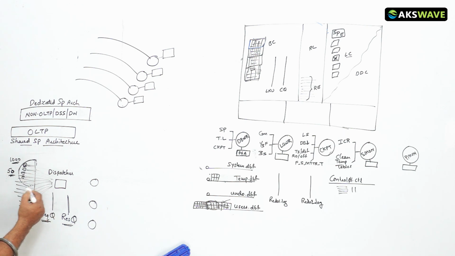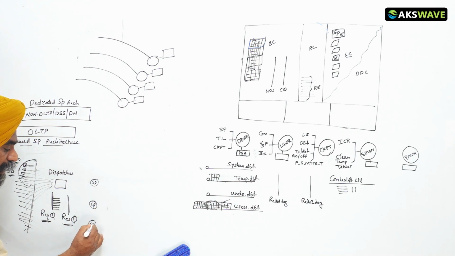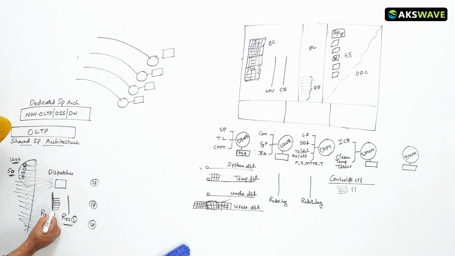All the request whatever coming in, dispatcher job is to simply just keep it here in which queue? Request queue. It is going to just record those requests into the request queue. Now the server processes, whenever they are idle, they are simply going to the request queue, take that request and process.